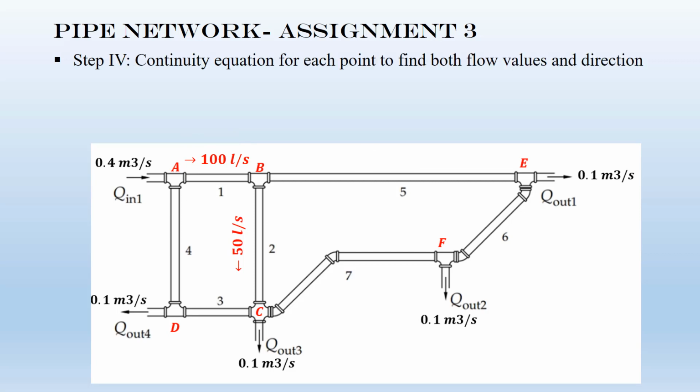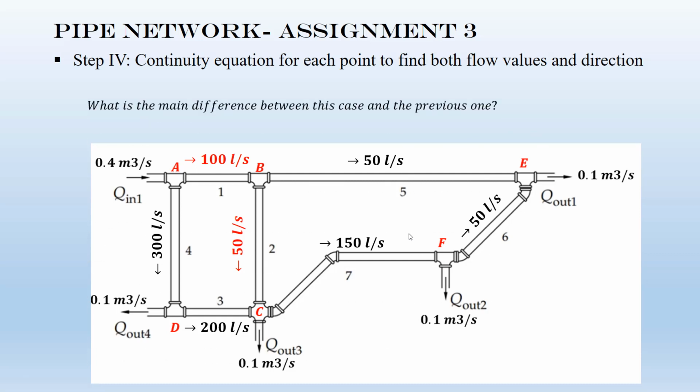So for example, based on this assumption, Q4 will be 300 liter per second and downward. So then Q3 will be 200 liter per second and from the left to the right side. So Q5 will be 50 liter per second, and then you can just find all other Qs. So what is the difference between this case and the previous one?